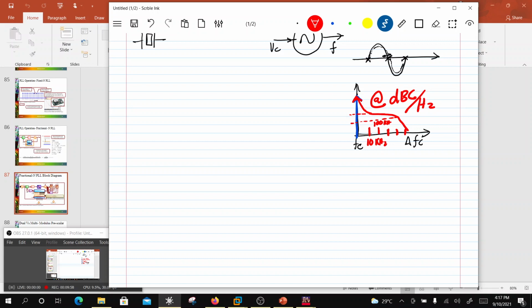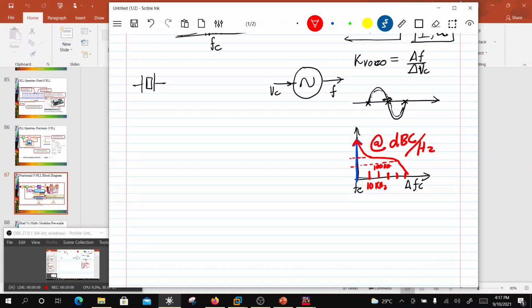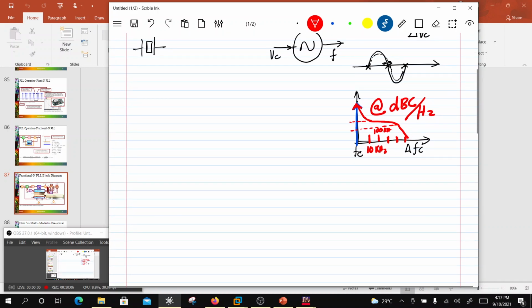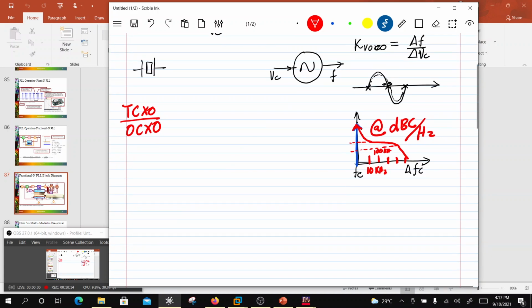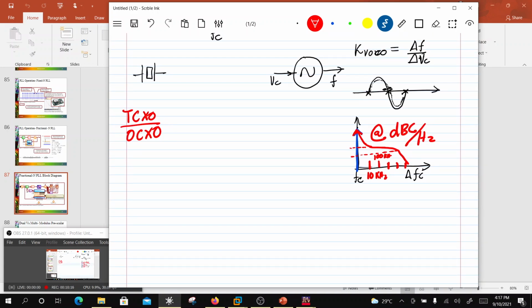Now typically these crystals are very stable, and there can be two kinds of crystal. One is TCXO, the other one is OCXO. TCXO is a temperature compensated crystal oscillator, so its phase noise is stable over temperature.